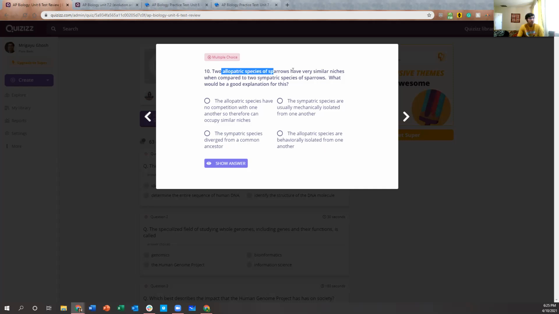These allopatric species of sparrows, oh wait, I'm sorry, maybe it is A. I misunderstood the question. Okay, so just to clarify, allopatric species of sparrows are separated by the barrier, right? So we have sparrow A and sparrow B over here. But then there are very similar niches if you compare the sympatric species of sparrows, sparrows C and D.